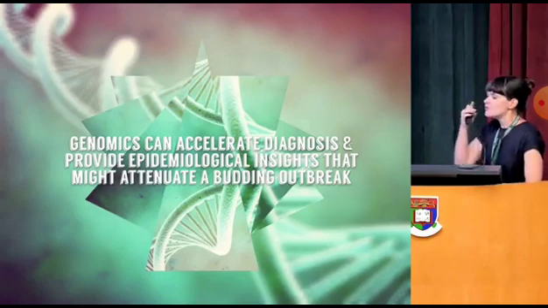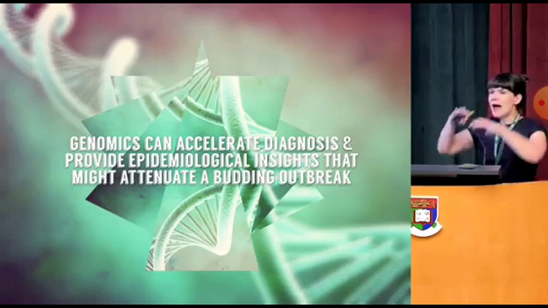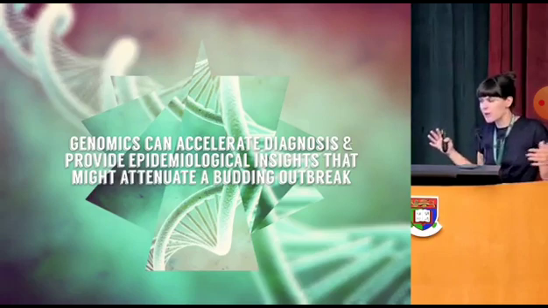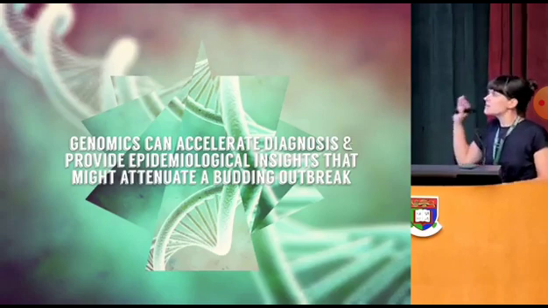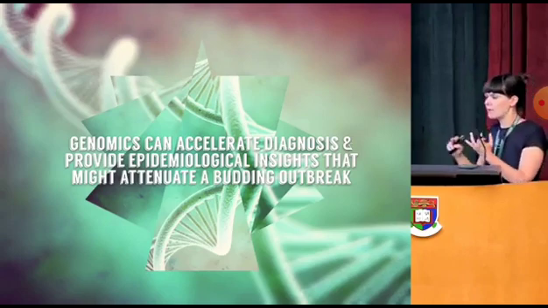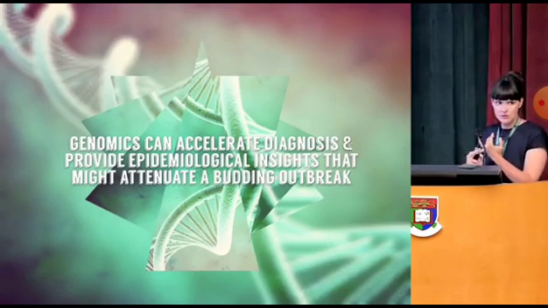So, in terms of genomic epidemiology, how it fits into this notion of digital pathogen surveillance, it's the part of that Venn diagram that can accelerate diagnosis.